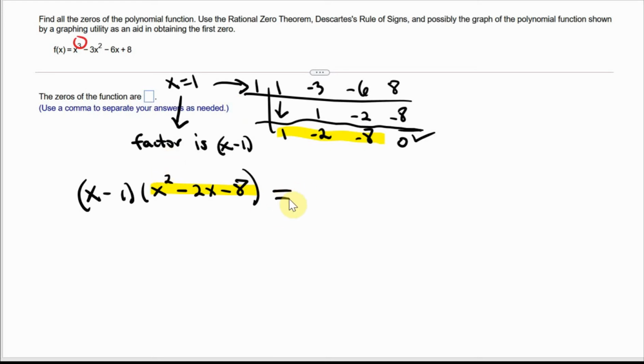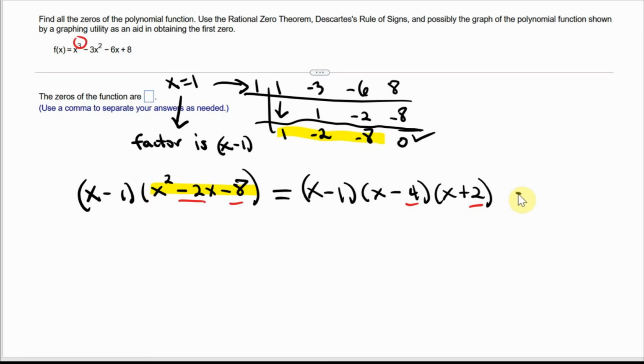Now, we can factor this trinomial. This is x minus 4 times x minus 2. And that's not right. That'll be a plus. So we get minus 4 plus 2, we get that -2. That's here. And then -4 times +2 is -8. So we're good.